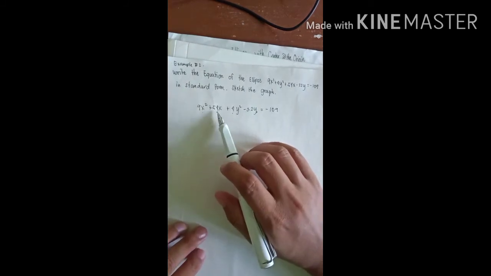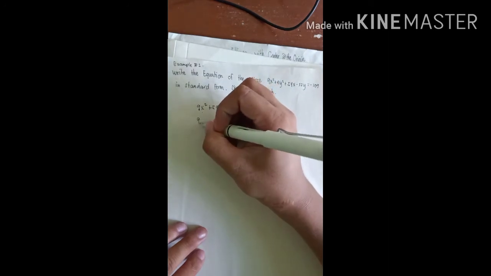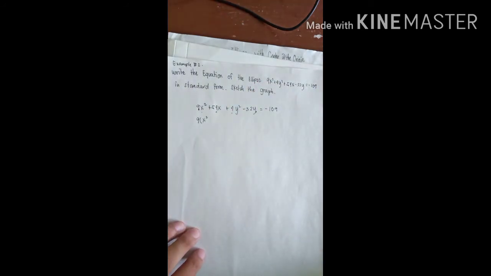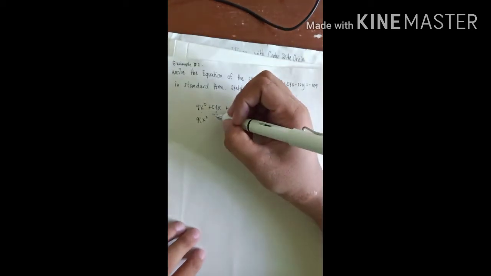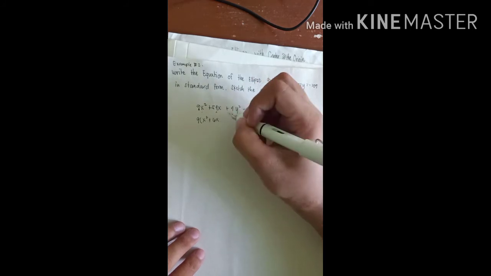So the factor of 9x squared plus 54x, papalabasin natin si 9, and then x squared, 54 divided by 9 is equal to 6, so plus 6x.